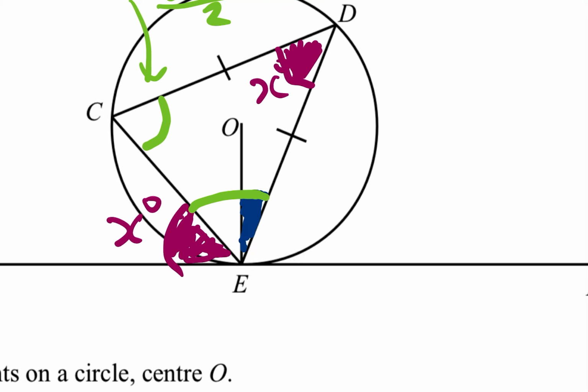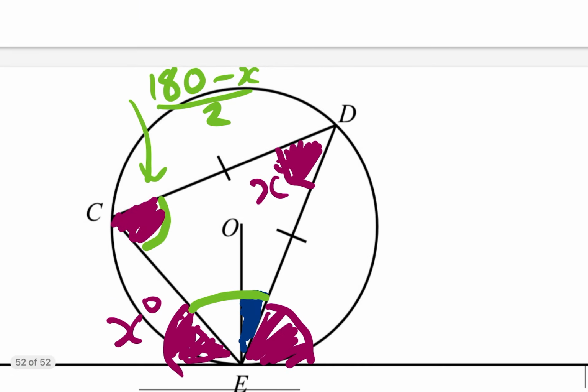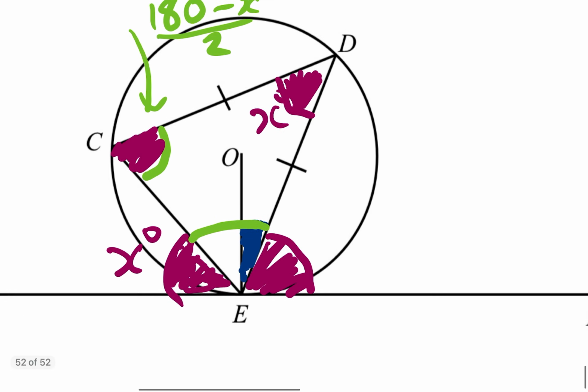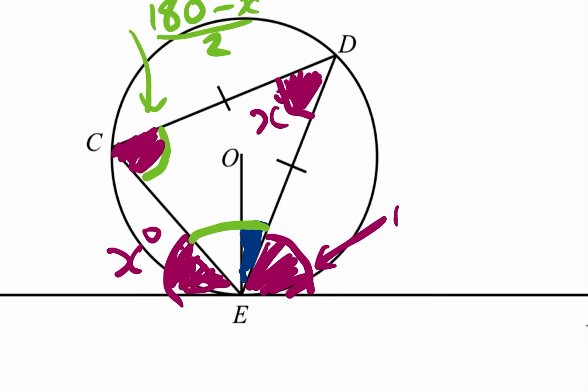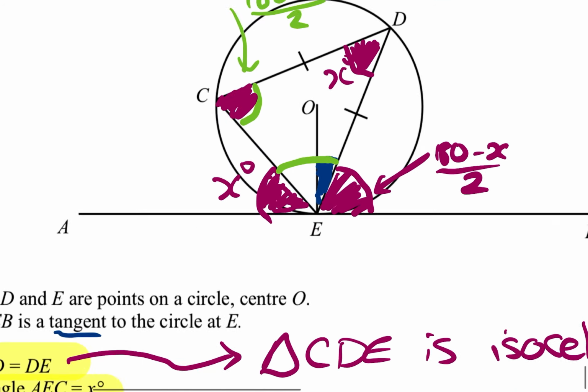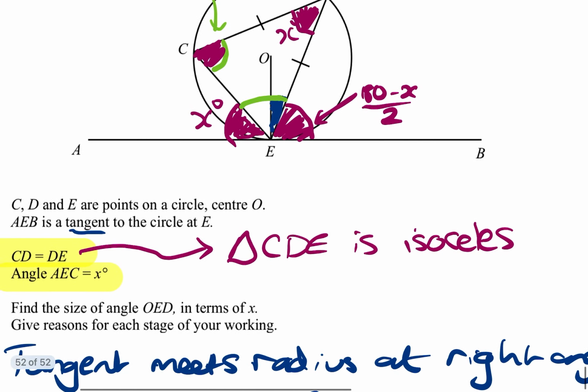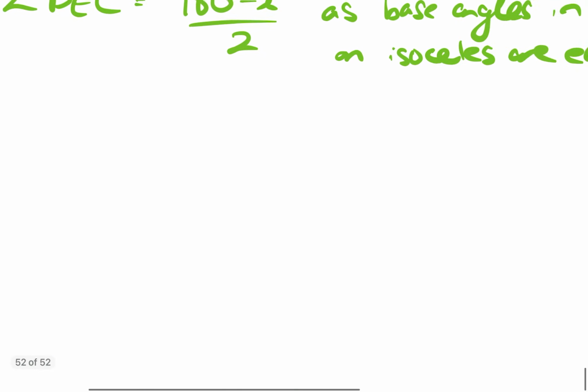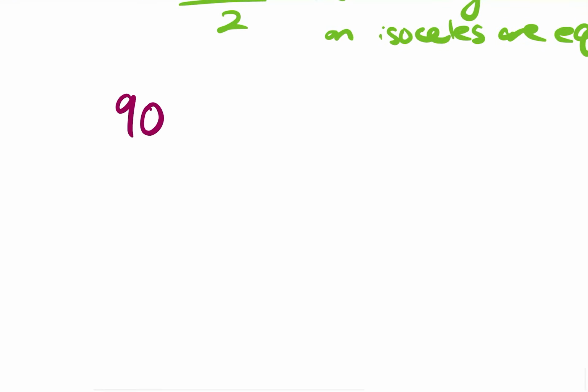Well, we've used the alternate segment theorem before. Let's use it once again. Whatever this angle is here has to be the same as this one. So if this one we've already worked out as 180 minus X over 2, then this one here also has to be 180 minus X over 2. So now we do 90 subtract that.